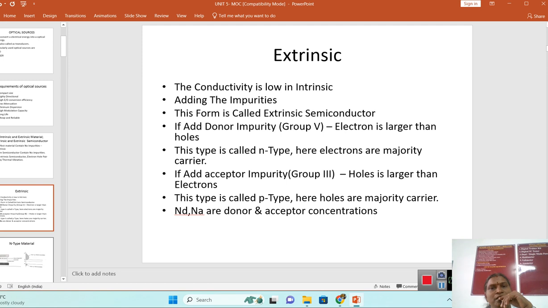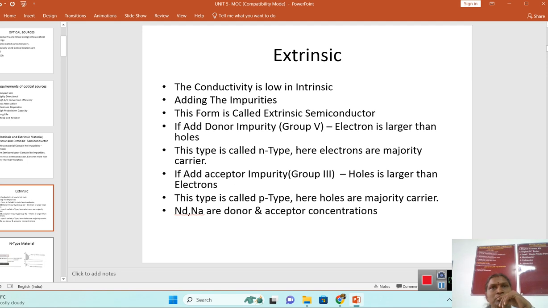Next, extrinsic. The conductivity is low in intrinsic material, so we can add impurities. This type of impurity material is called an extrinsic semiconductor. We can add a donor impurity, meaning group 5 elements. It means that electrons are larger in number than the holes.